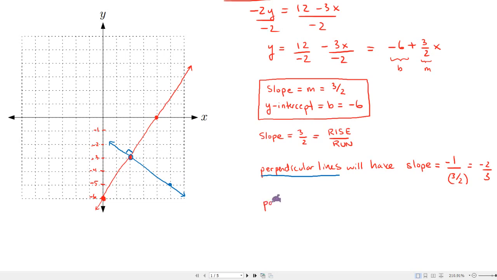So parallel lines will have slope the same, the 3/2.